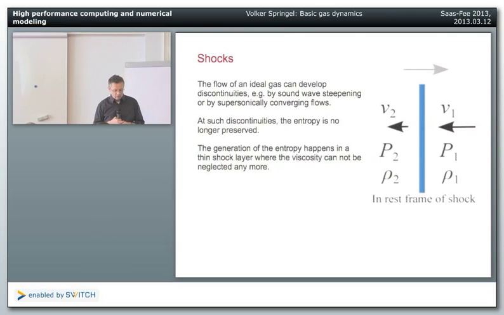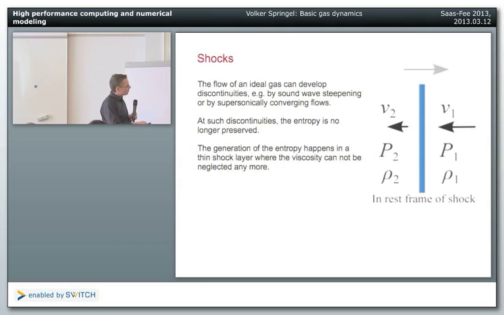And you can see this basically by analyzing what happens in this generic situation, that you maybe have some small region, say this blue region here. In this case, suppose some fluid is moving through this region from the right with a velocity v1, p1, rho1, and going out through the thin layer on the left with another state, velocity v2, p2, rho2.